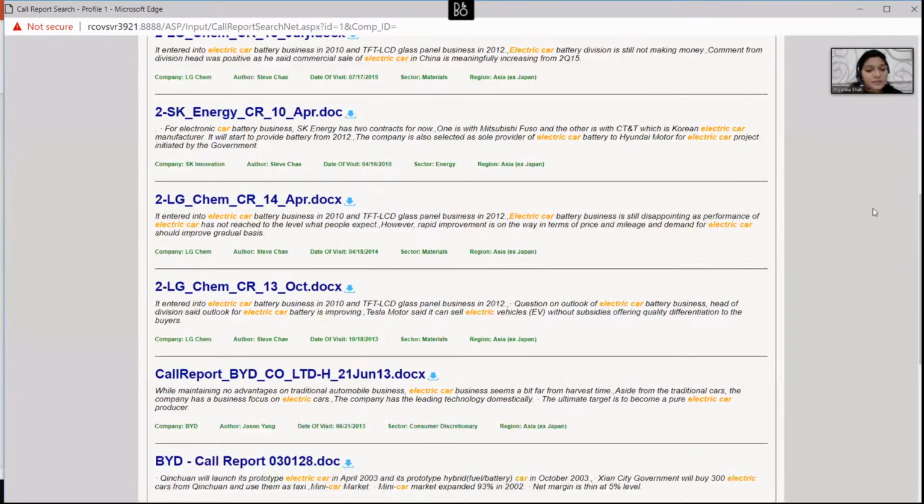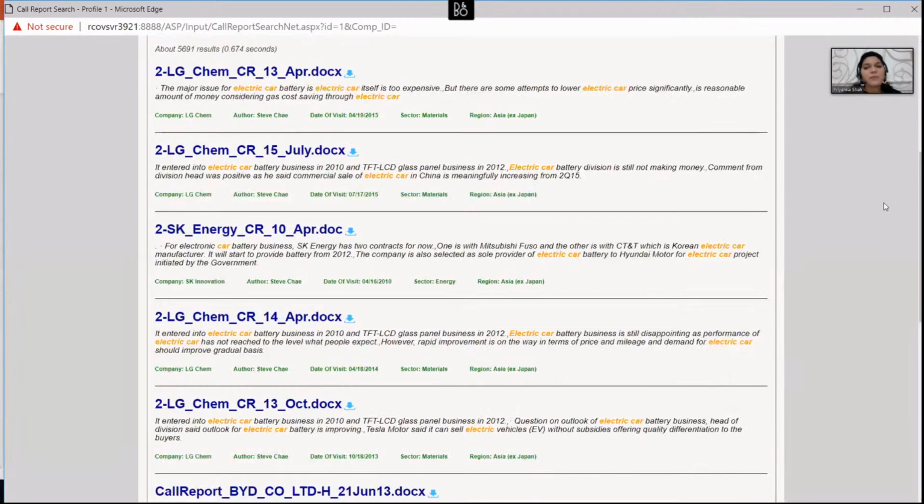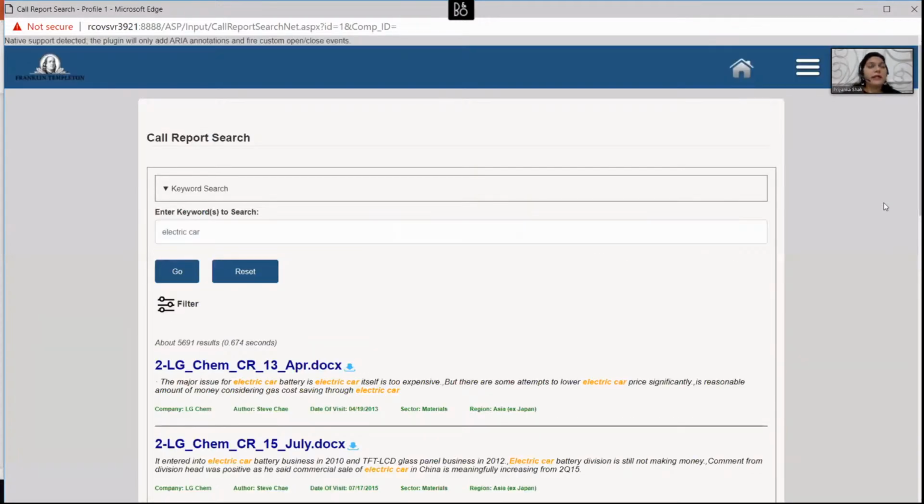I can get results where "electric car" together is not the search term, but the words may be a bit apart, like electric and car, or maybe just mini car. Still, it gives me those kinds of hits. So our existing Elasticsearch satisfies the purpose of fuzzy search.